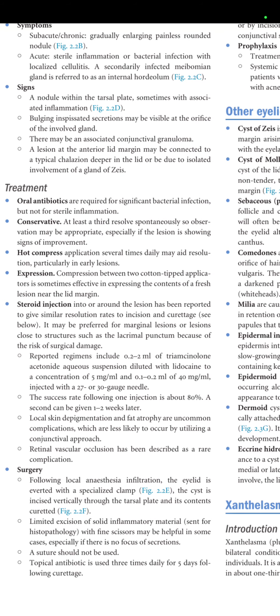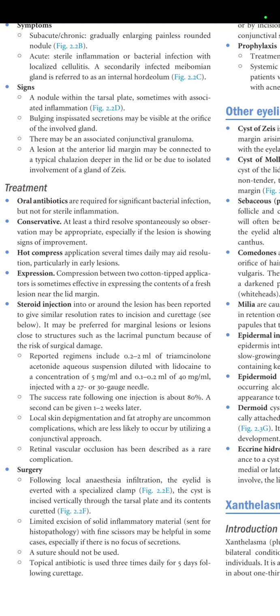The injection success rate is 80%, but you can repeat it after 1 week as well.